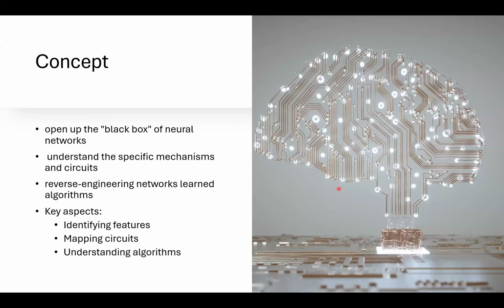The key aspects are to identify the features which are important to the calculation, or to the generation process in the case of a large language model, and to map out the internal circuit, for example which heads are active, or the top 5 most active heads for a particular computation.